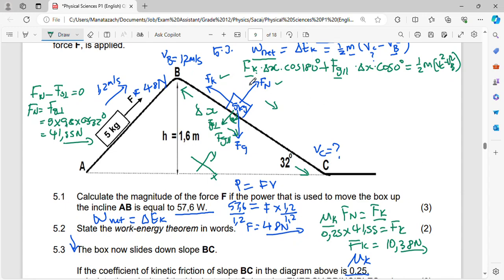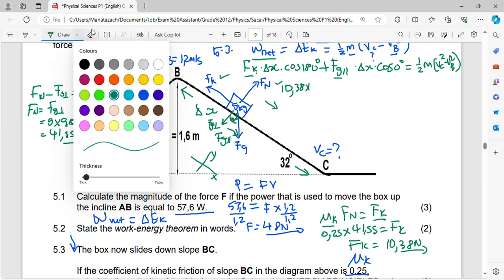Now let me go back there. I know what Fk is now. I can quickly go back to this formula here and replace Fk by 10.38 multiplied by change in x. Okay, now let me deal with change in x again. Change in x is the hypotenuse side of a triangle. Look at this triangle.